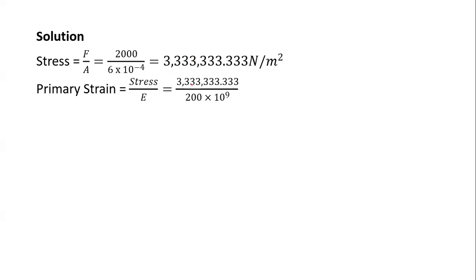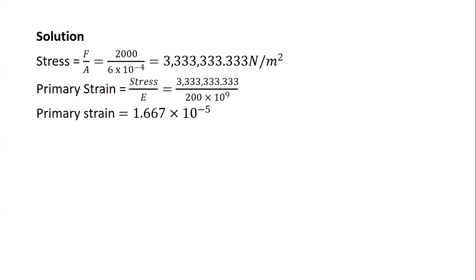Our stress is this one we just found. Young's modulus is 200 by 10 power 9. So when you enter these again, you get 1.66666 by 10 power negative 5. So we shorten it as 1.667 times 10 raised to power negative 5. As usual, strain has no units.